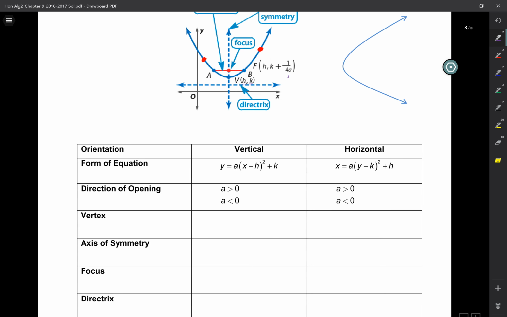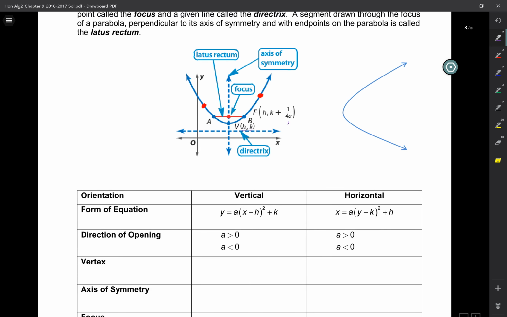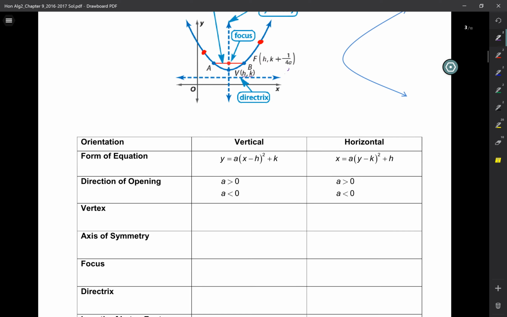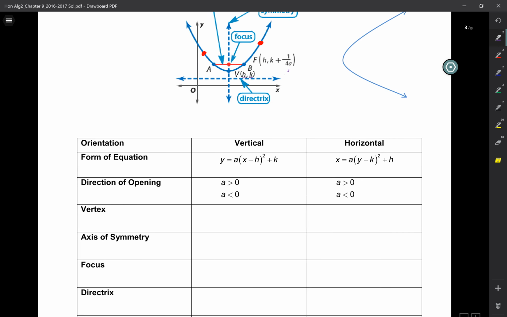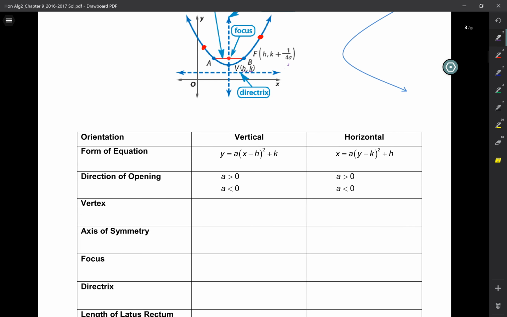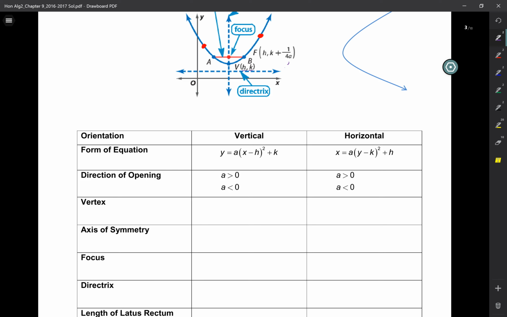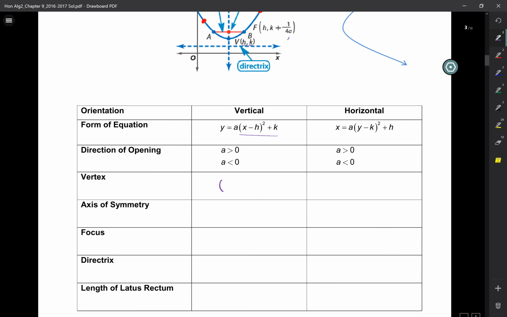So you can get a parabola that opens vertically or one that opens horizontally. Let's talk about the vertical parabola for a minute. If you have a vertical parabola, this is the equation of it: y equals a(x minus h) squared plus k. The vertex is at (h, k). Now, the axis of symmetry.